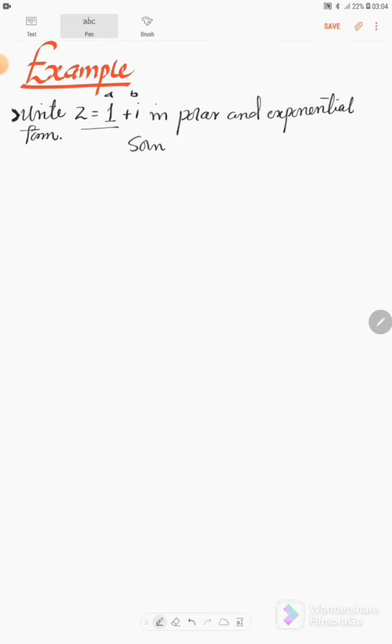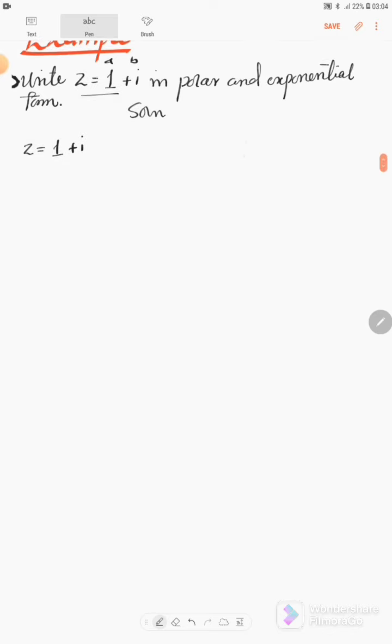Okay, our question here is z equals 1 plus i. When doing questions on complex numbers regarding converting rectangular form to polar form or exponential form, the first step you go through is sketching. Please, sketching is the most important thing in solving these conversion questions.